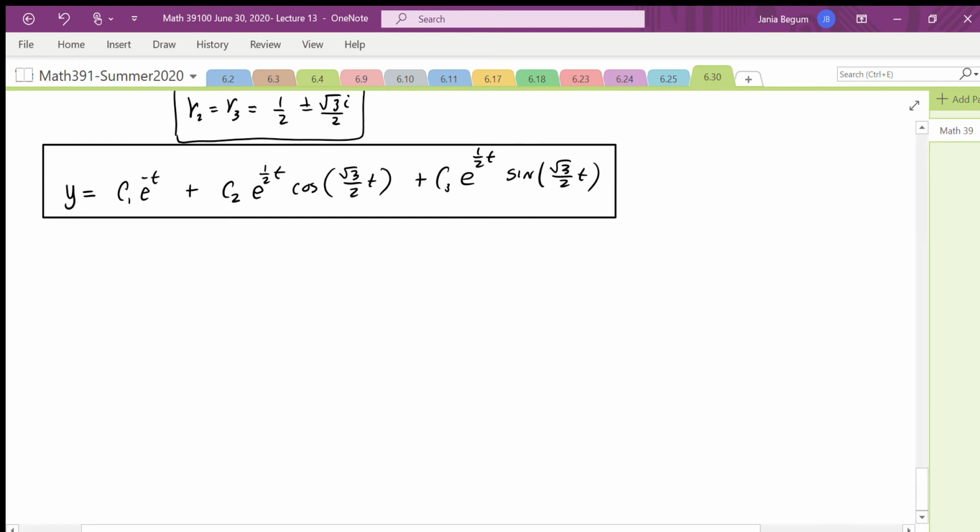Okay, so let's do another example. So suppose we want to find the solution to this problem. So let's solve y to the 6th derivative minus y to the 2nd derivative equals 0.